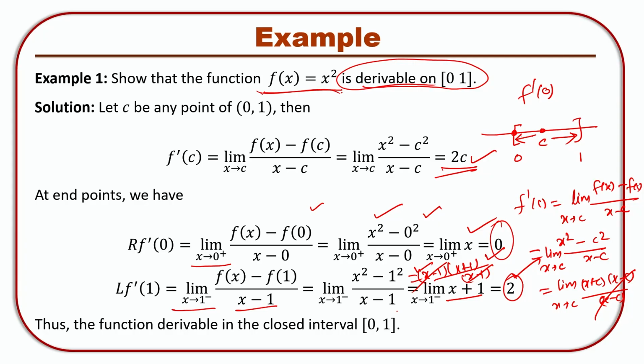So it is also a finite quantity, because each number between 0 and 1 is finite, so twice of that quantity is also finite. That means in a closed interval [a, b], or in the closed interval [0, 1], f(x) equal to x square has finite limits. Therefore the derivative exists at each point of this closed interval, and hence the function f(x) equal to x square is derivable in the closed interval [0, 1].